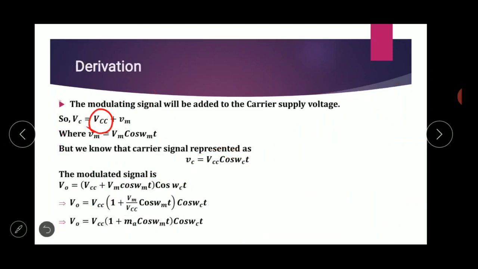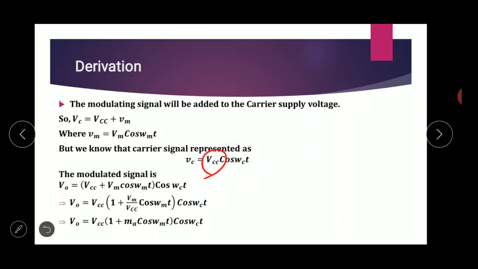But when we apply the modulating signal, the amplitude of the modulating signal is added to the amplitude of the carrier signal. Vcc is the amplitude of the carrier signal and Vm is the modulating signal.